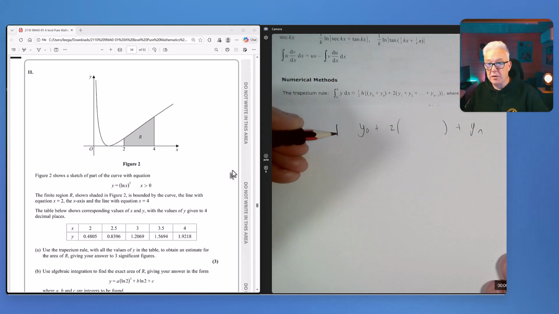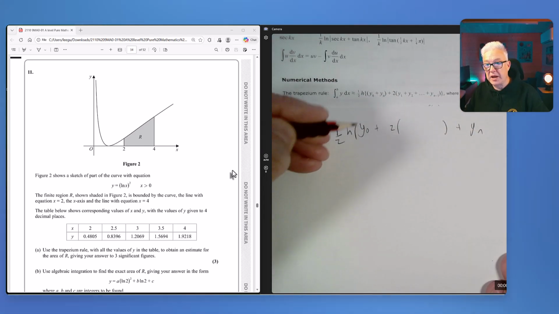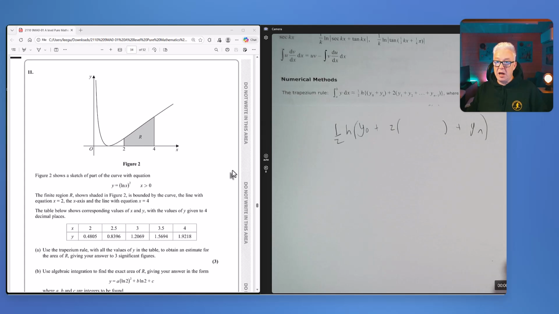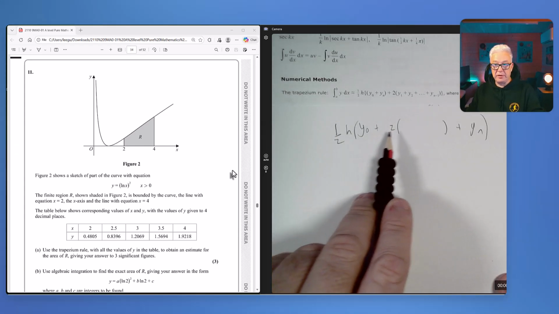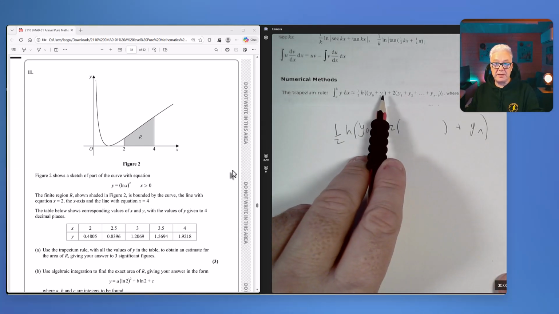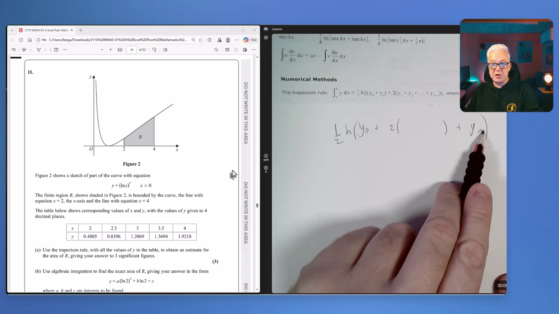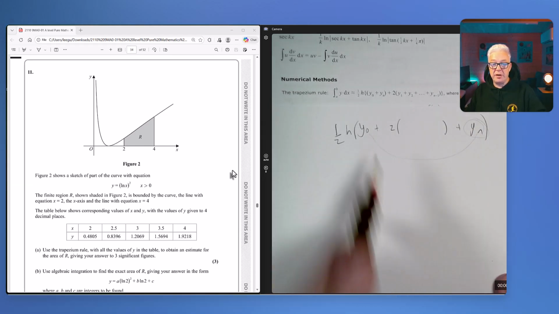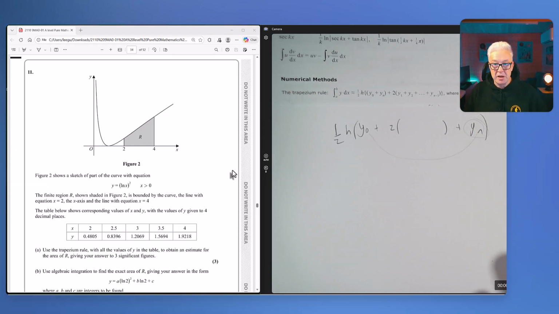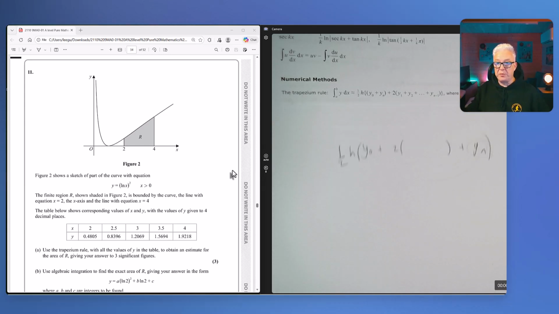So there are two different ways of thinking about the trapezium rule. If you have learned it that way from a textbook and then you see something like that, don't be put off, because it just means that the last term has been written next to the first term. So let's just go with the version from the formula booklet.